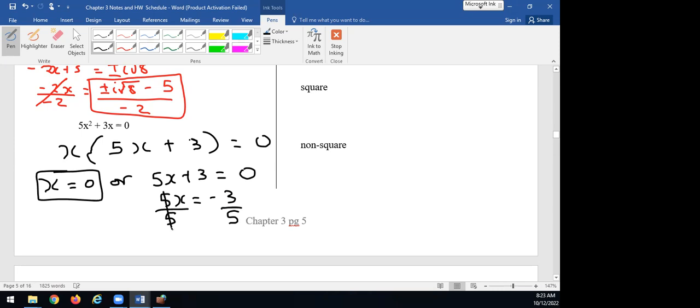And so we see that x can be 0 or x can be -3 over 5. So those are the two possibilities. Moving on.